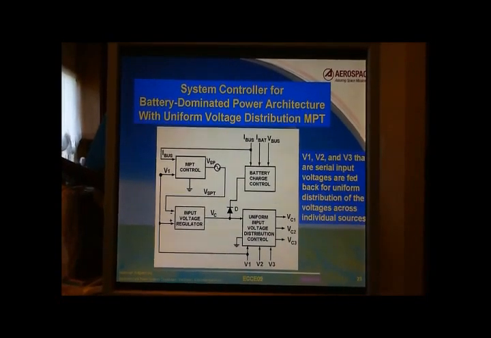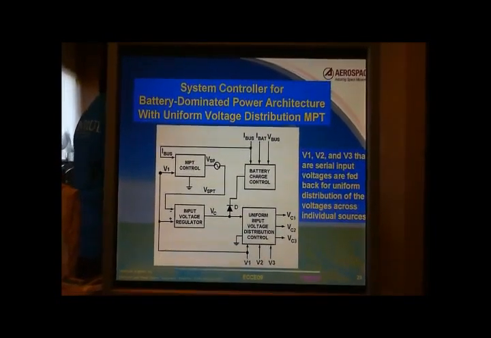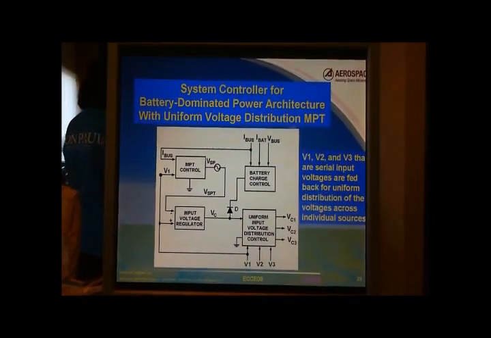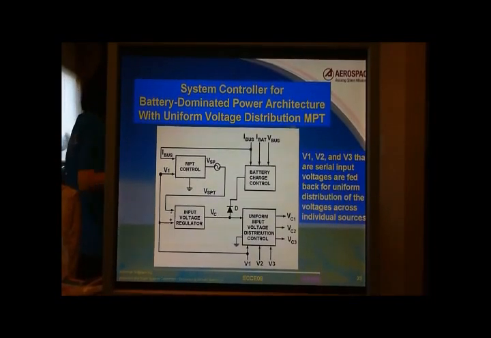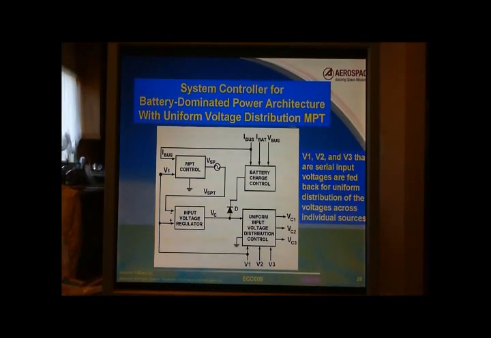This slide shows the block diagram of the system controller for battery dominant power architecture with uniform voltage distribution and maximum power tracking. In this block diagram, there are four basic functions: maximum power tracking control and input voltage regulator, which usually work together.